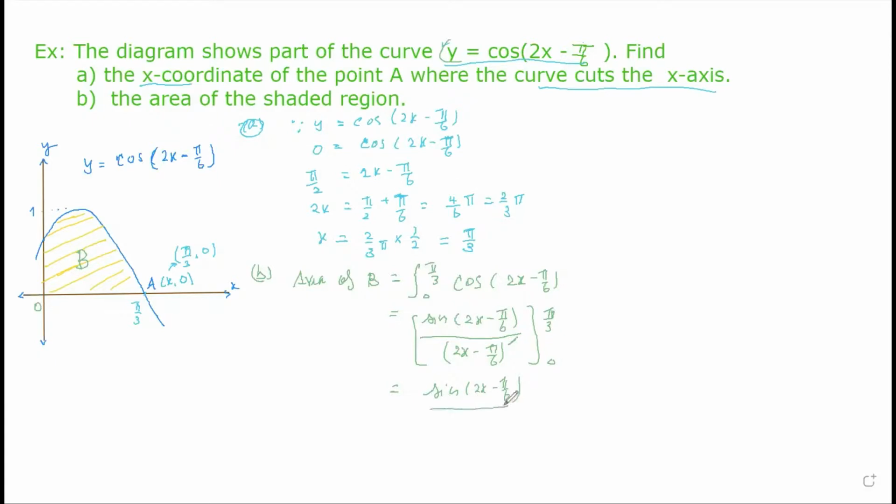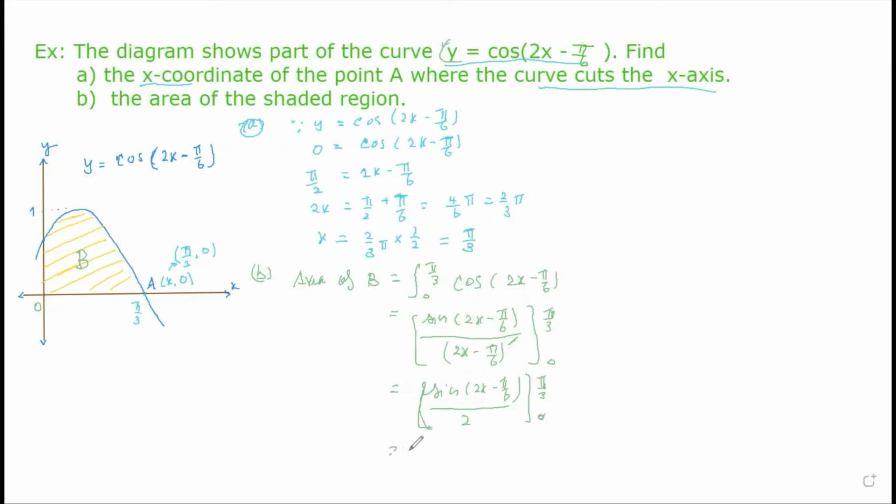And at the bottom, when you differentiate 2x minus pi over 6, the constant becomes 0. Differentiate 2x, so x to the power 1 minus 1 becomes x to the power 0, which is 1, so we are left with 2 here. Then from 0 to pi over 3. Okay, now we simplify; we replace x first with pi over 3 and next with 0.